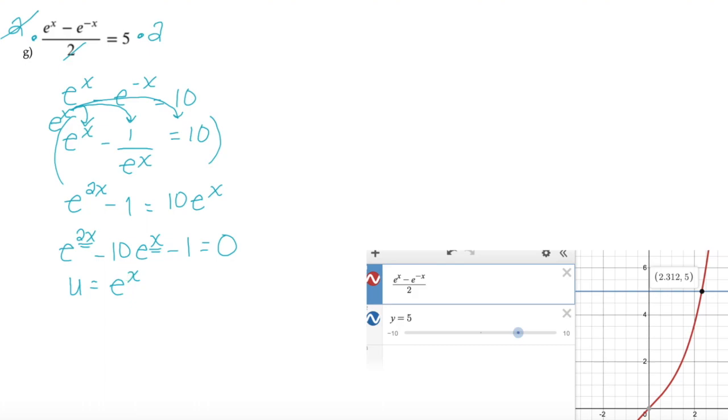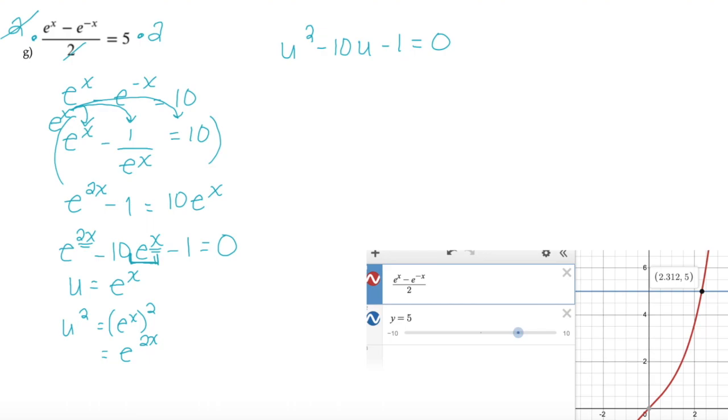So the middle portion, if I square both sides, I'll have e to the x squared, and e to the x squared is the same as e to the 2x, since a power to a power we multiply. Let's use our u's and transform them a little bit. We'll have u squared minus 10u minus 1 is 0.